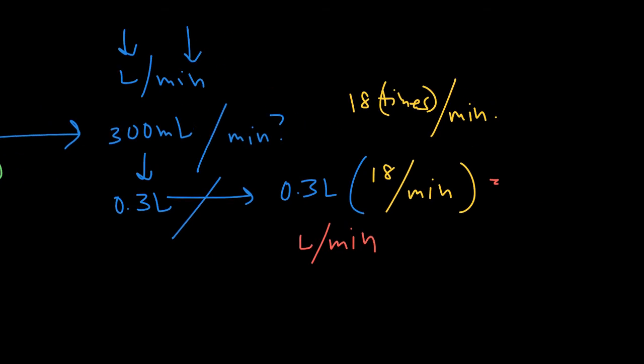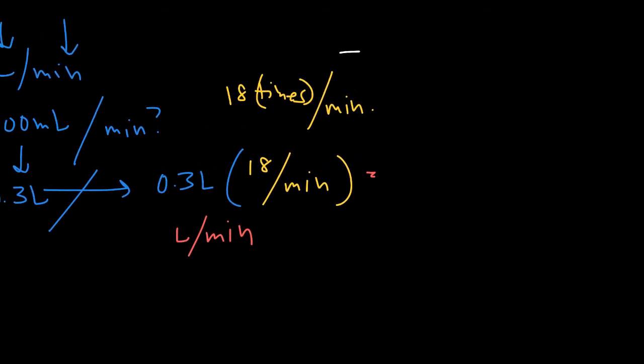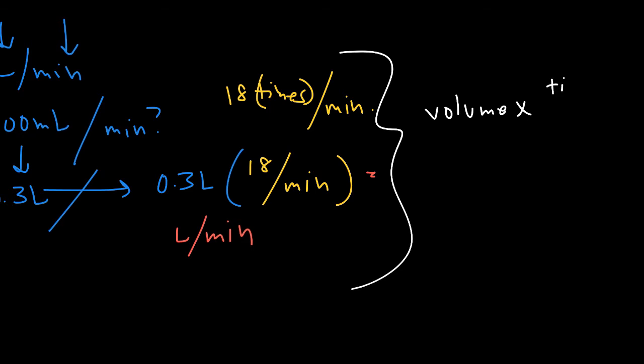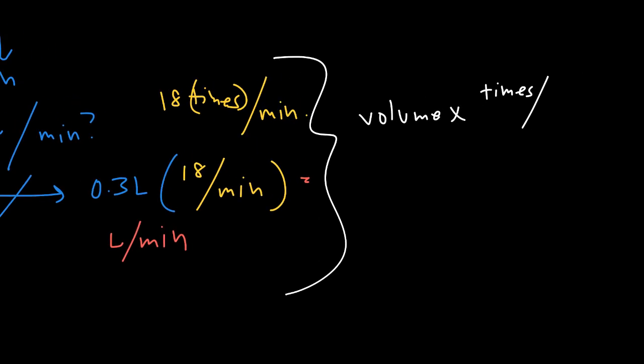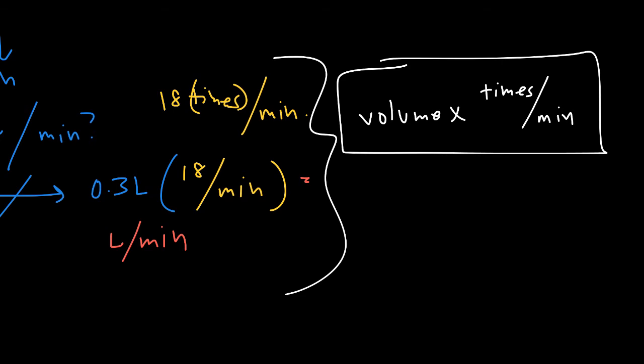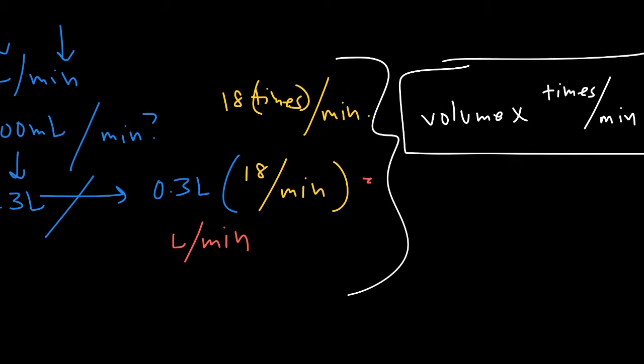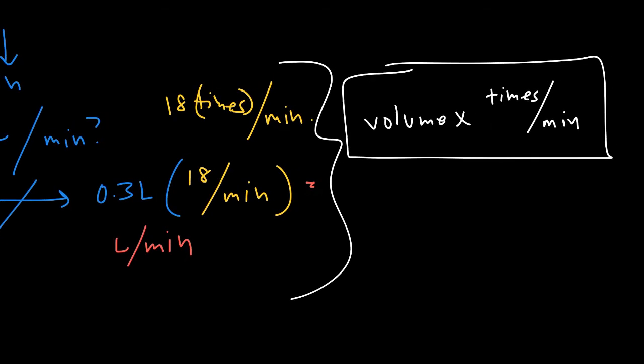So to get your minute volume, in summary, multiply your volume times the number of times per minute. In short, if you don't want to logically go through the units and just memorize it, here is a way to memorize it: your volume times your number of breaths per minute. Unit-wise, it makes sense because 0.3 liters times 18 per minute gives you the units of liters per minute. If you don't want to go through that, here's the formula for you.